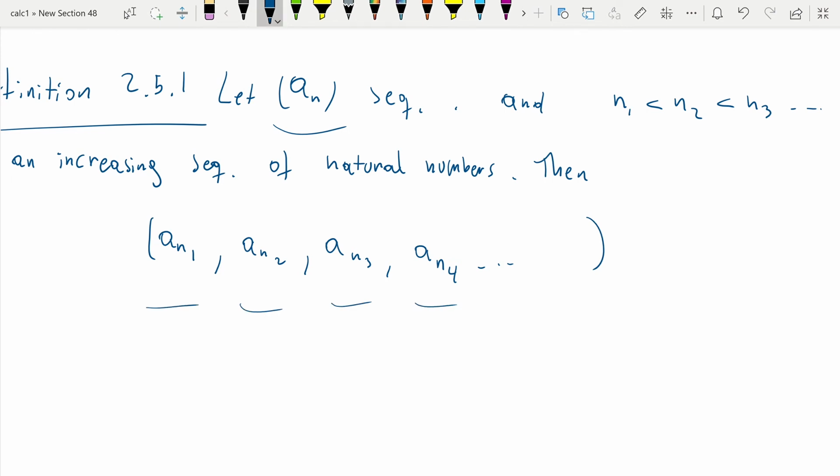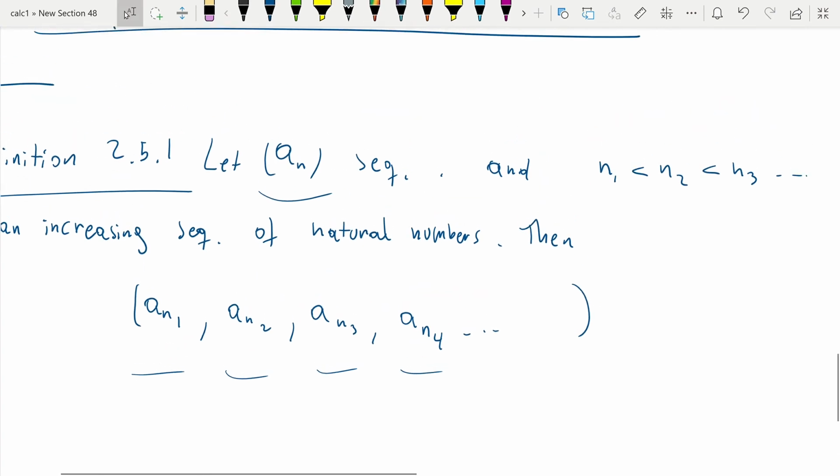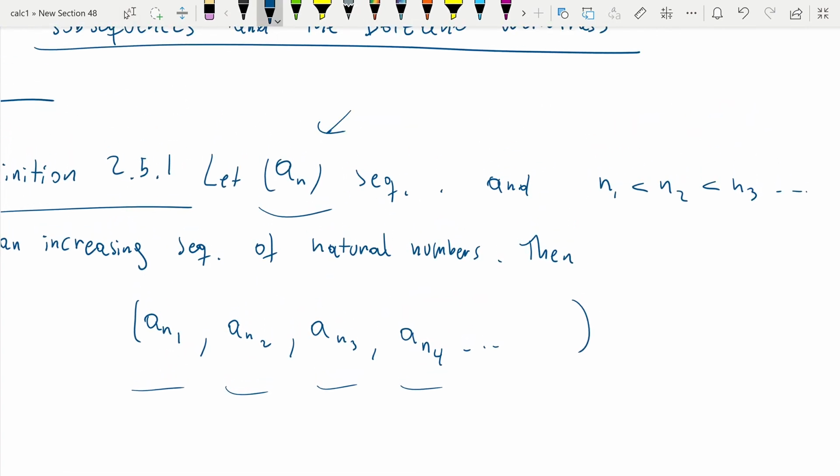These are the only two requirements. You have to pick infinitely many of these numbers, and infinitely many subscripts. It's the same thing, and you put the elements of the subsequence in the same order as they appear in the original sequence.